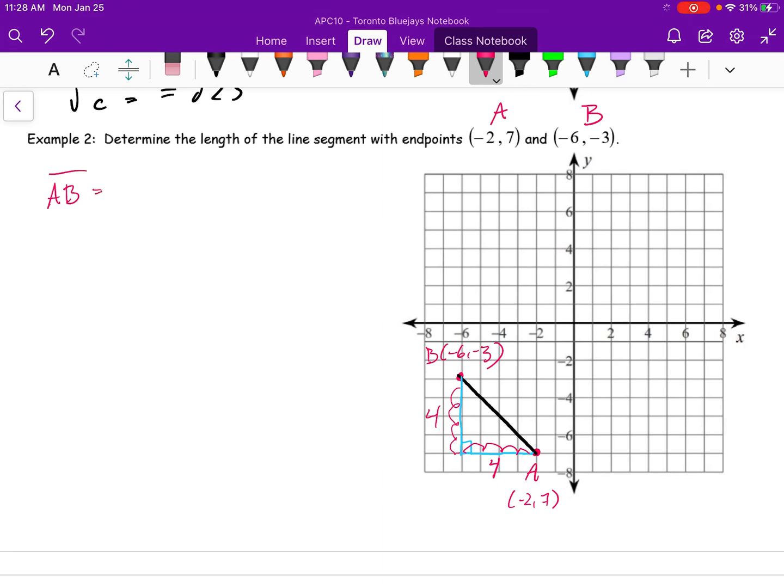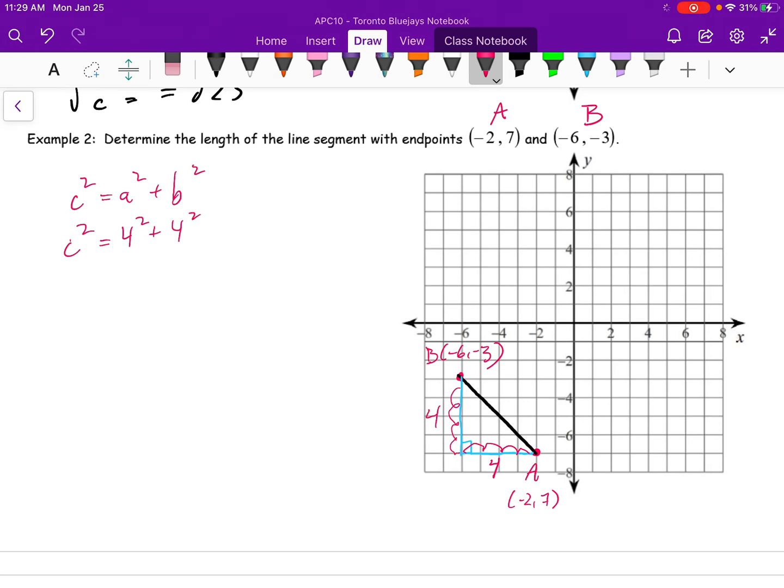is going to be 4 squared, pardon me, I made this mistake. Perhaps I would want to write it as c squared is equal to a squared plus b squared. And what I notice is that both sides, the non-hypotenuse sides, are going to be 4 here.